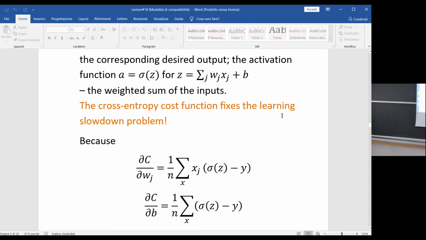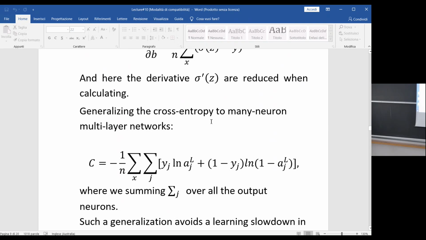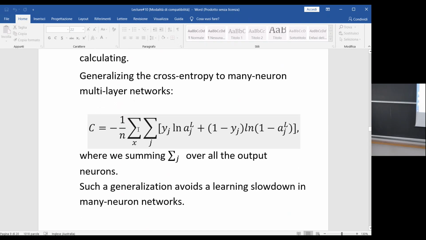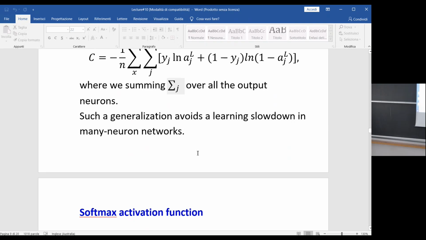But now we can extend this mathematical formalism to multi-layer networks by considering this summation of j over all output neurons, and summation of x over all training samples. Such a generalization avoids a learning slowdown in many neural networks.